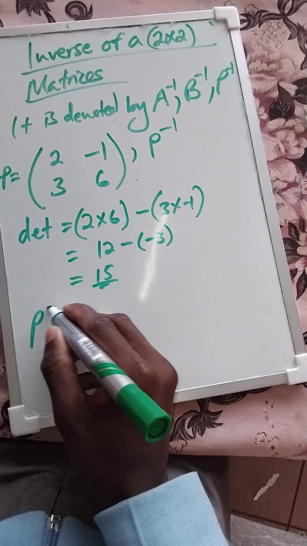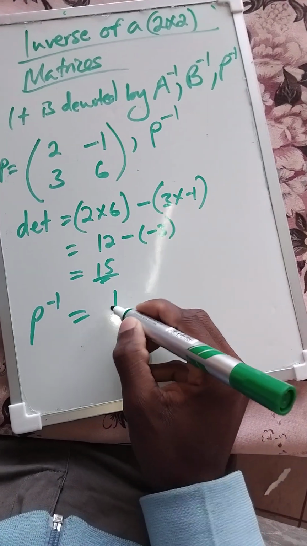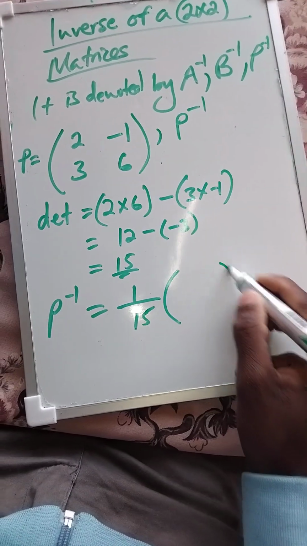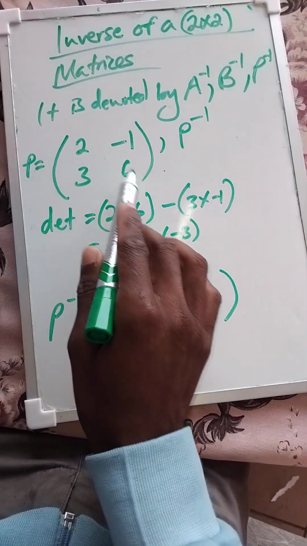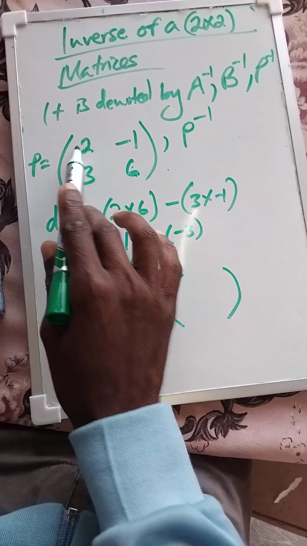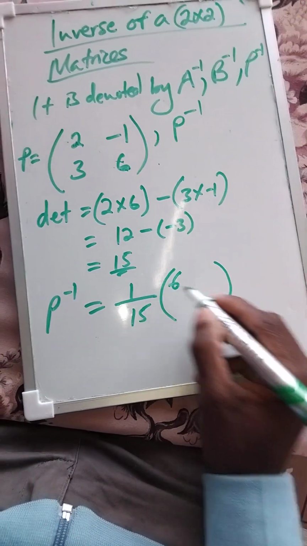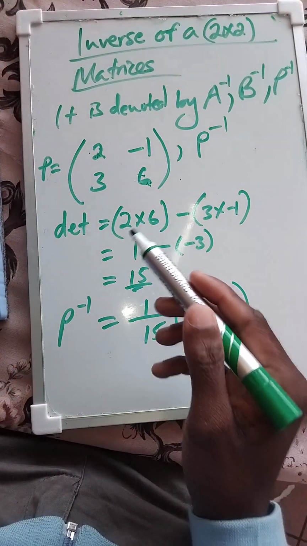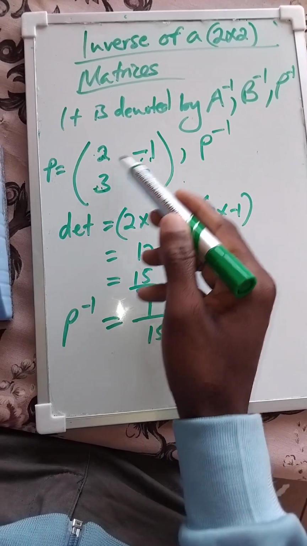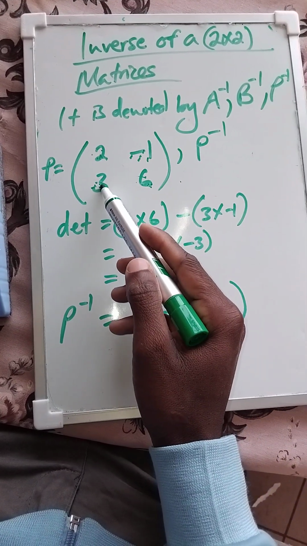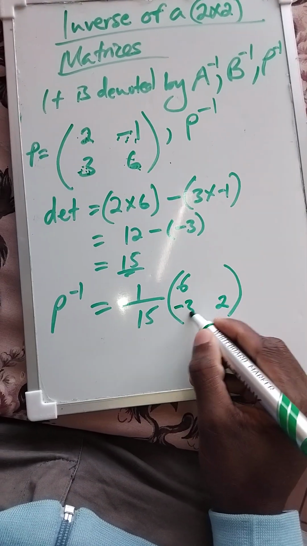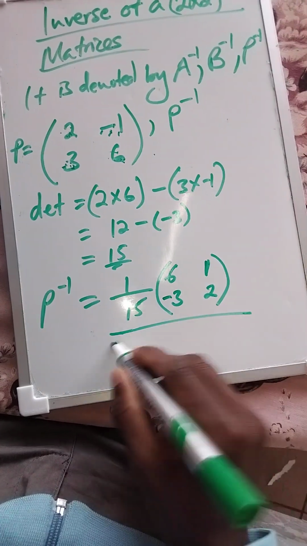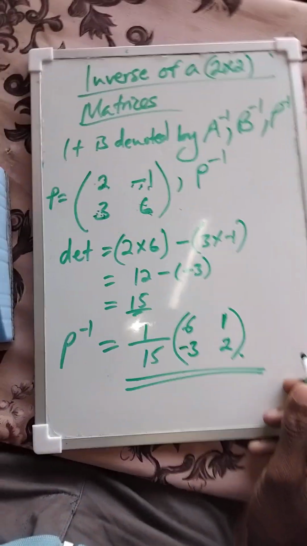So inverse yedu takuti P negative 1 is equal to 1 over 15, 1 over determinant anditika. Pana takuti isusu 2 idzi numbers dzochinjana maposition, changing positions, and saka 6 akuya panapa 2 yapana and 6 aenda ku 2 enda. Then idzochinjana changing masign, so panapa yanga iri positive so yana negative 3, panapa yanga iri negative 1 saka yana positive 1. So this is inverse.